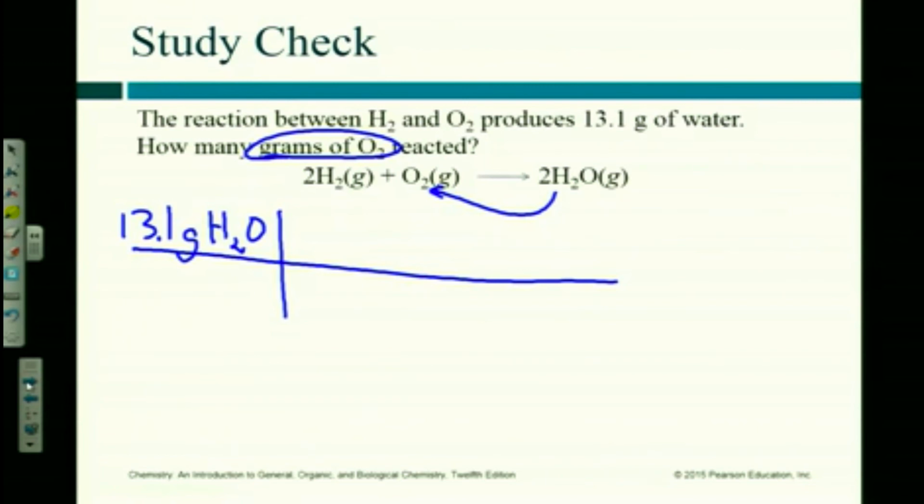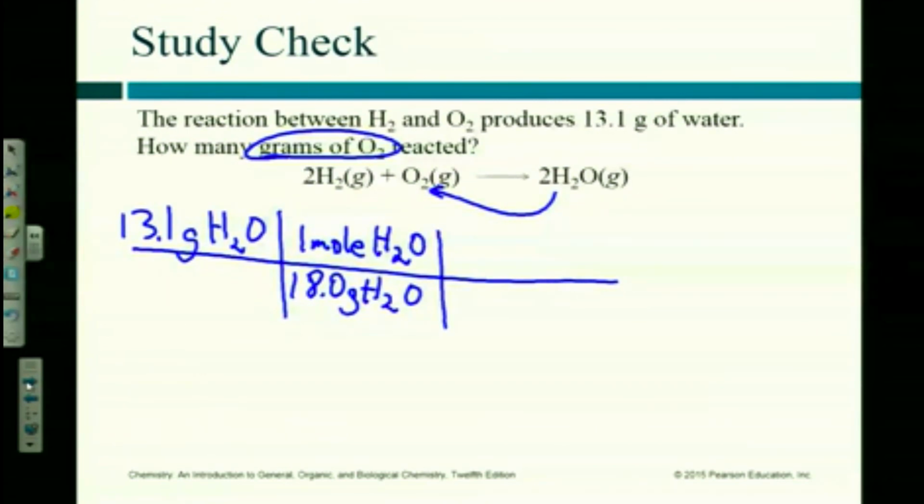I've got to be in moles. So, fair enough? Where did I get that? Periodic table, right? 2 hydrogens and 1 oxygen gives me 18.